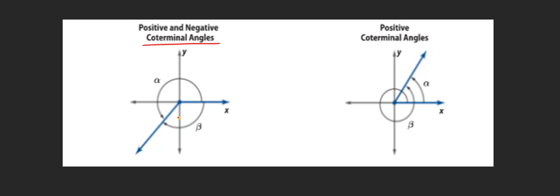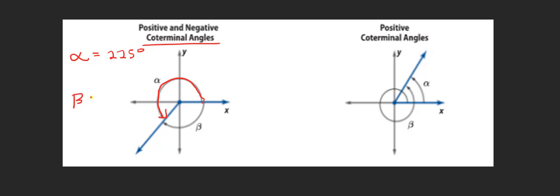So let's take a look at these two measurements of angle alpha and angle beta. Here's the initial side and here's the terminal side. When you measure angle alpha, you're going counterclockwise, so it's going to be a positive measurement. It looks like this is going to be 180 plus 45, which is 225 degrees.